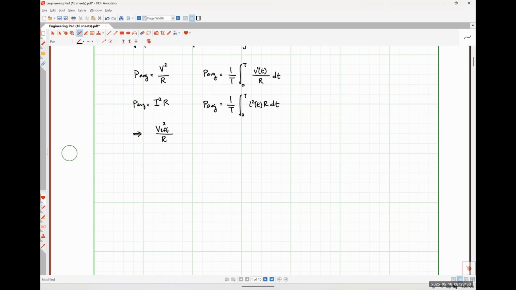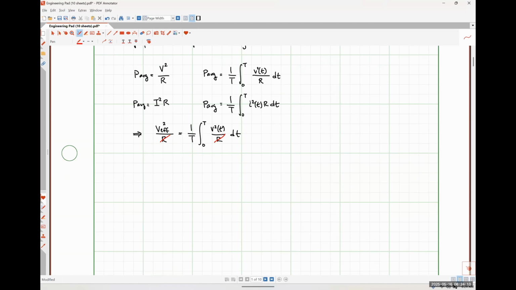Because I'm trying to solve for this effective voltage, and it's playing the role of our DC voltage in our system. And I'm just going to make that equal to 1 over T times the integral from 0 to T of V squared over R dt. And I hope that we can all very easily see there's a common factor of 1 over R on both sides. So that means the size of the resistor literally doesn't matter at all, okay?